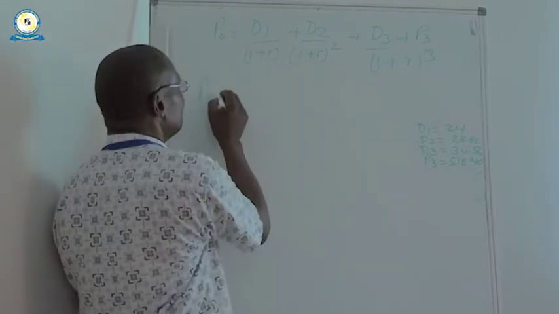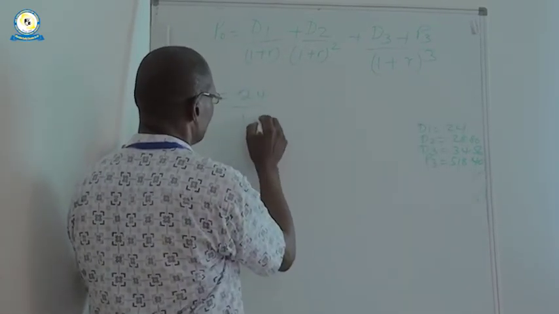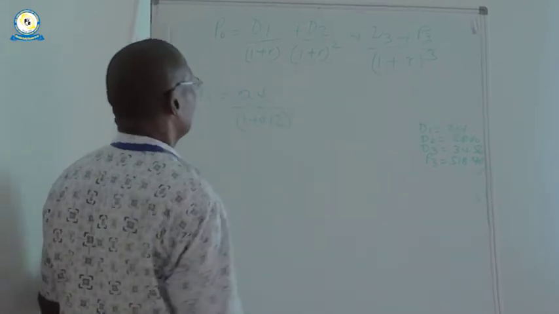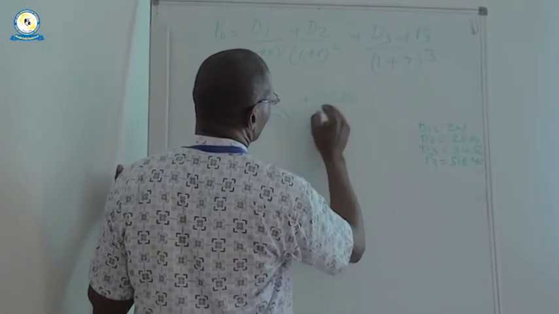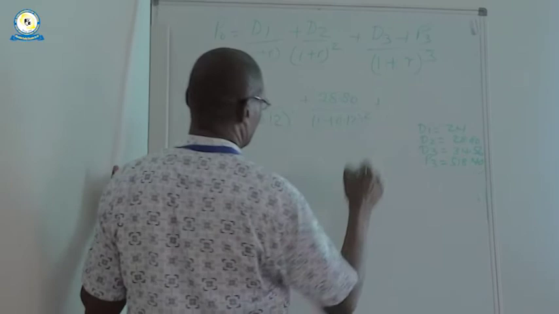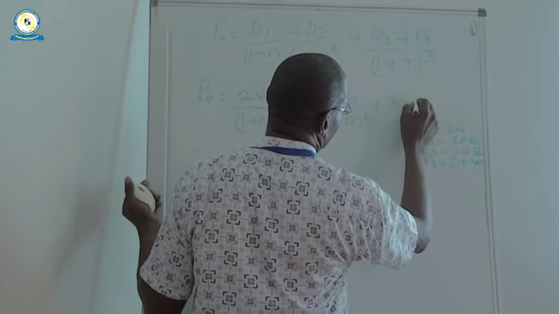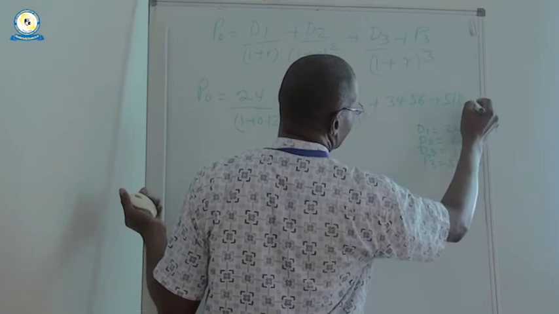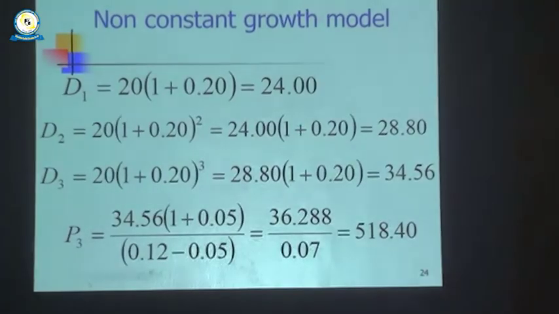So P naught will be equal to D1, which is 24, over 1 plus 0.12, which is our rate, plus D2, which is 28.80, over 1 plus 0.12 squared, plus D3, which is 34.56, plus P3, which is 518.40, all divided by 1 plus 0.12 power 3.